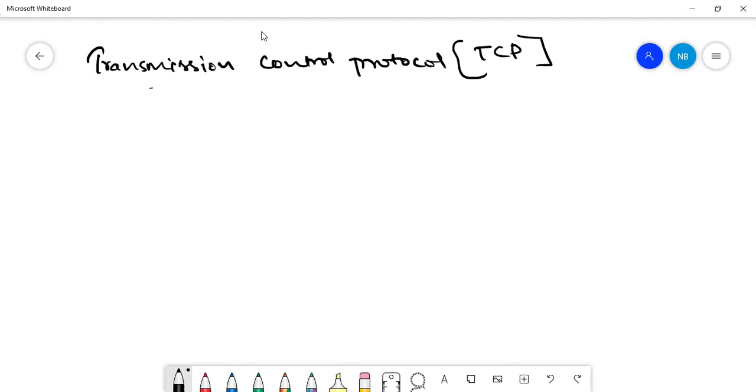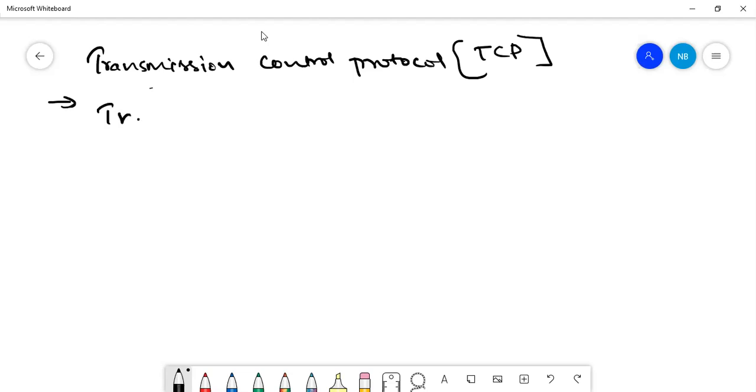In the last class we discussed UDP. Now we are going to discuss TCP. UDP is one kind of protocol which is used in the transport layer.